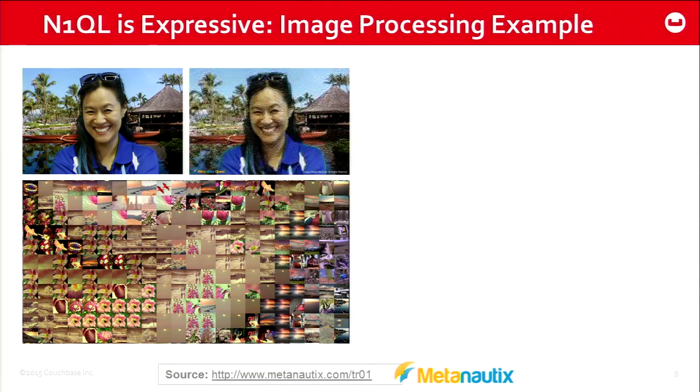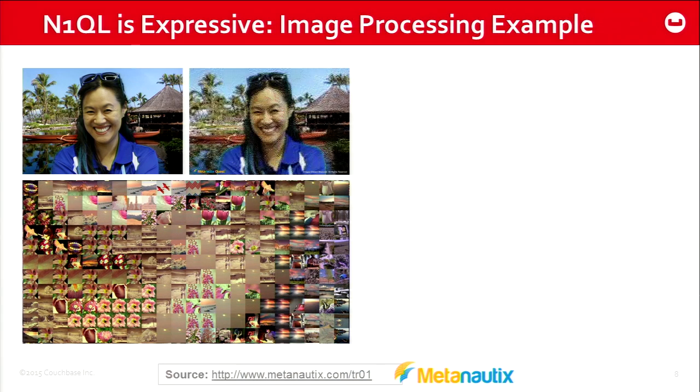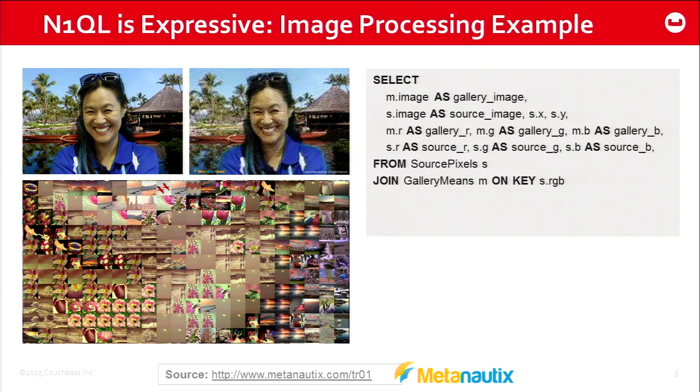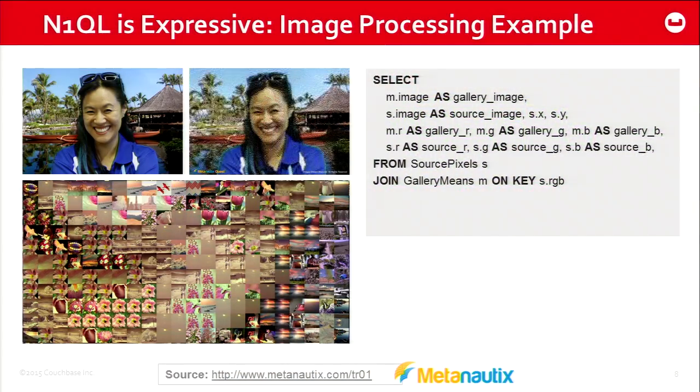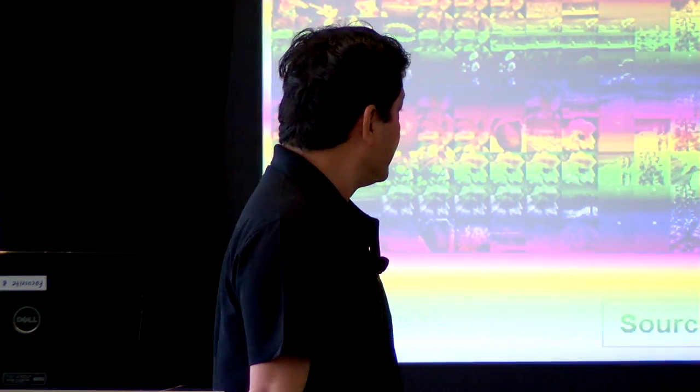If you zoom in, this picture is made up of a series of small gallery pictures. You can generate this by using a simple SQL statement. Basically, it loops through all the pixels in the original picture. For each of the pixels, it finds a matching gallery image in terms of the RGB color. And there you go, a simple SQL statement operating on potentially millions of pixels, finding you the right gallery image so you can stitch together in the application to create the mosaic picture.